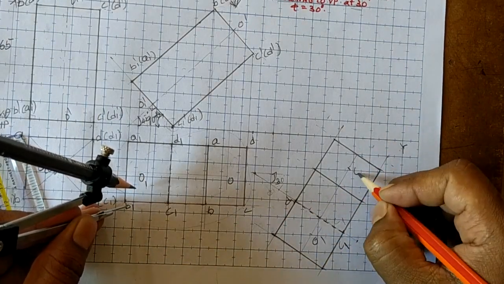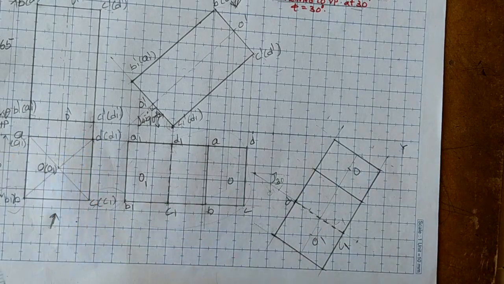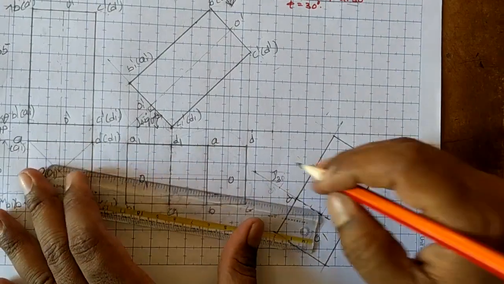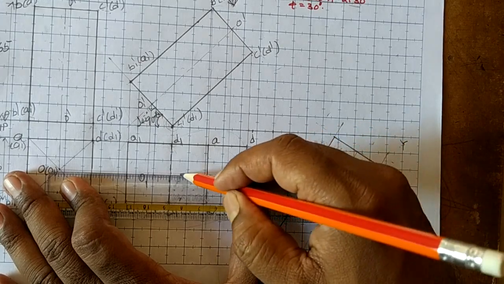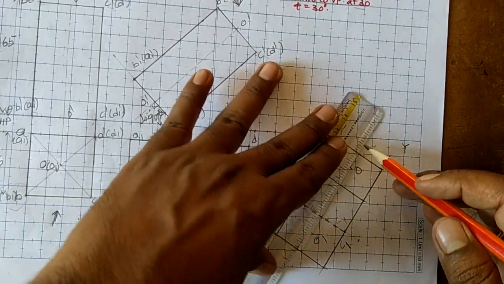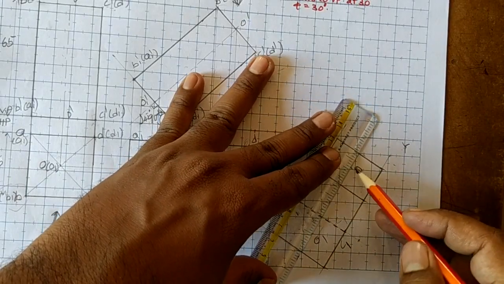This is O1 and O. I want to show this as an axis. Axis means alternate long and short dashes. Here also, alternate long and short dashes.